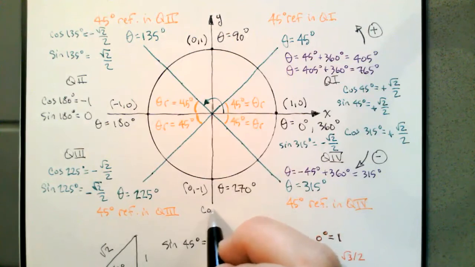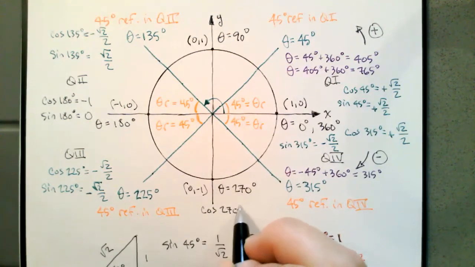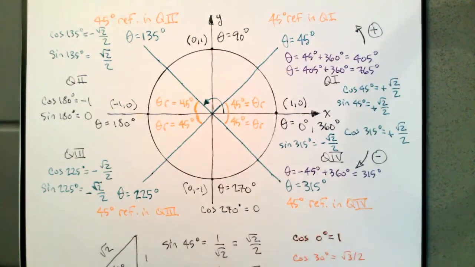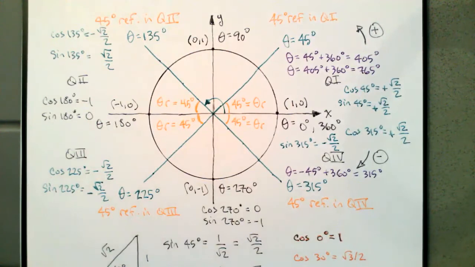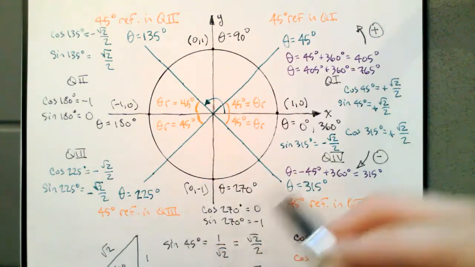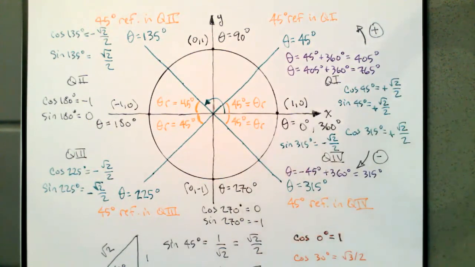So cosine of 270 is 0, the x coordinate, and sine of 270 is -1, the y coordinate. Then back up to theta equals 0. Cosine of 0 is 1, sine of 0 is 0. Cosine is the x, sine is the y.